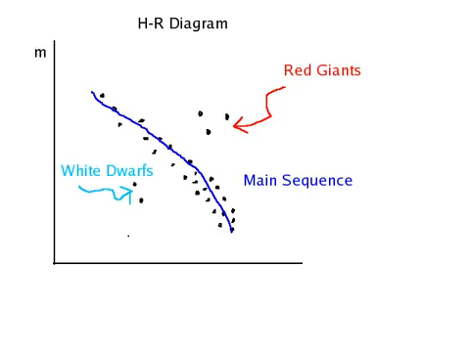And you have the apparent magnitude on the vertical axis and the, well, B minus V, which is a color index, on the horizontal axis.